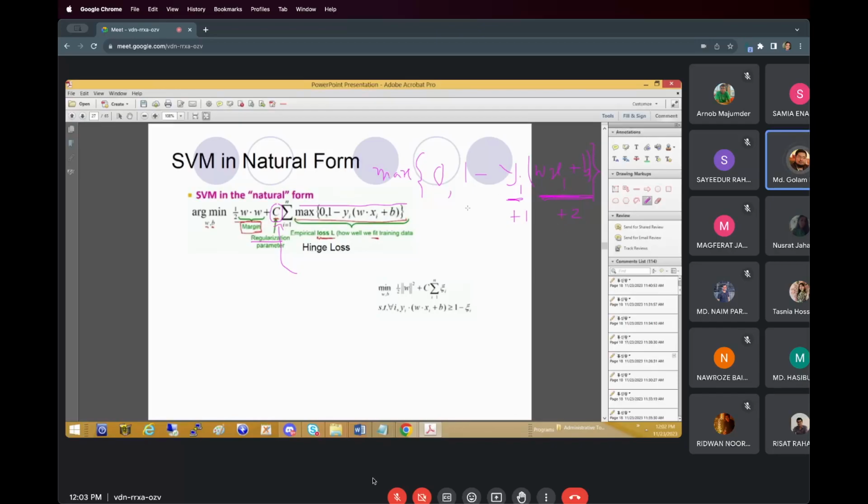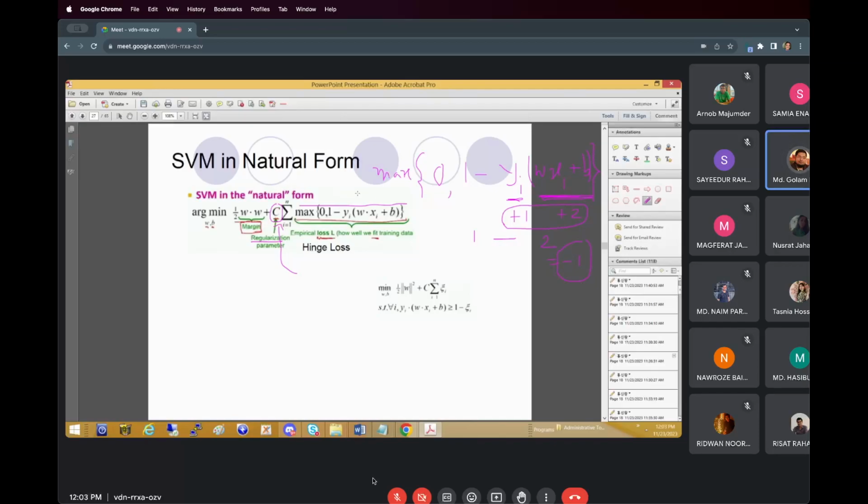If we multiply these two, we get 2, and 1 minus 2 gives a negative result, like negative 1. Between negative 1 and 0, which one is maximum? 0 is the maximum.